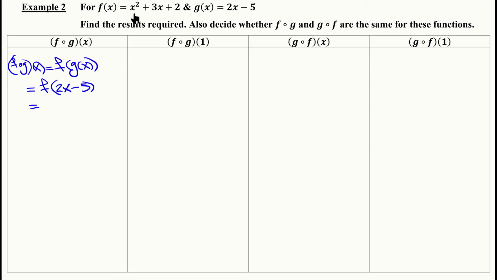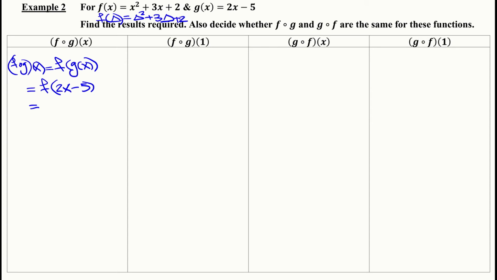It'll square it first, then it'll add that to 3 times itself, and then it'll add 2. So for example, if I were to feed this function f, say a delta or a triangle, it would do the same thing. It would take that and square it, and then add 3 times itself to it.